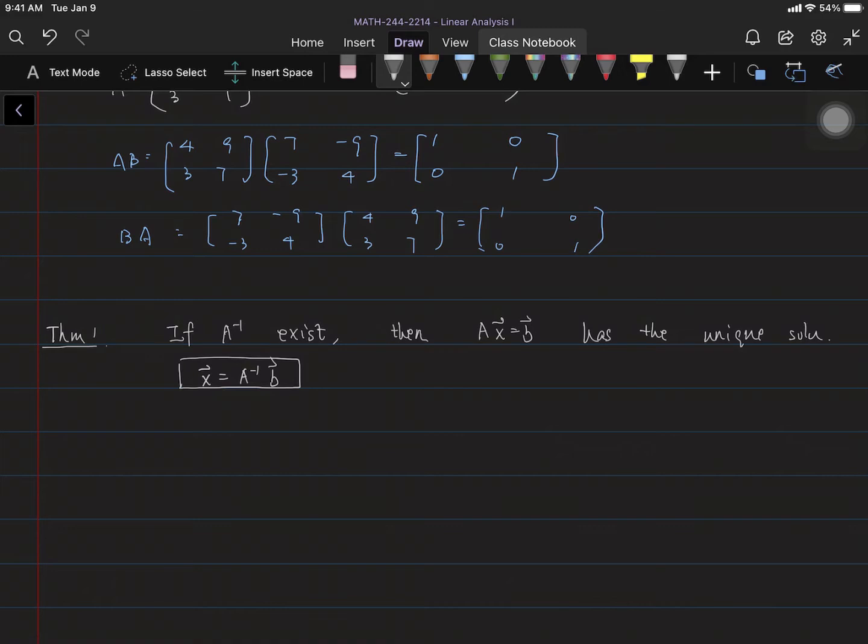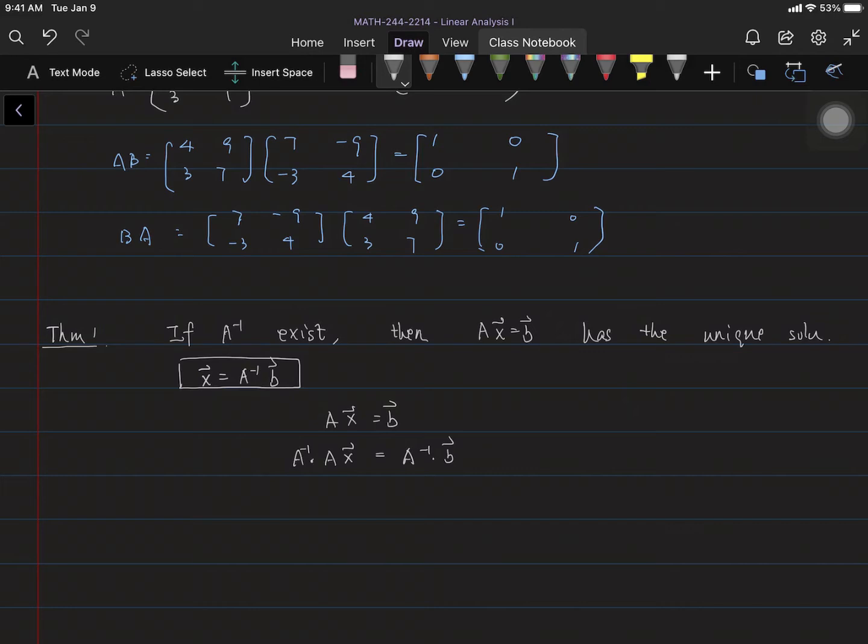So the proof is like at the beginning. If we have this one, we multiply the inverse on both sides. If you multiply from the left for the right side of the equation, we also need to multiply from the left side, because for the multiplication of two matrices, we cannot change the order, right?